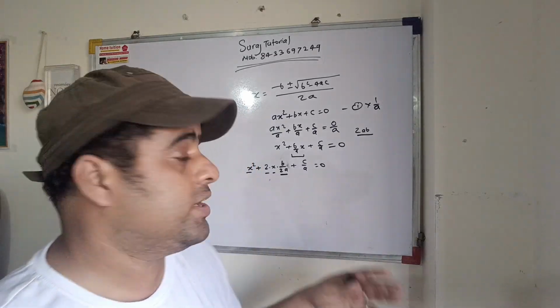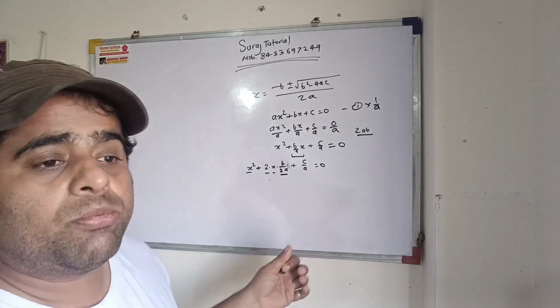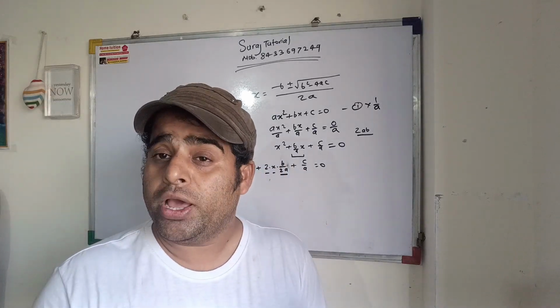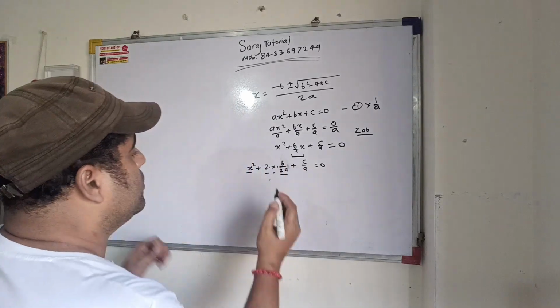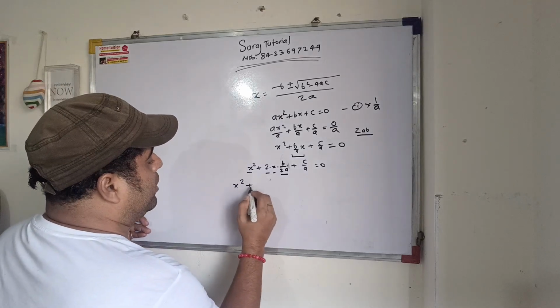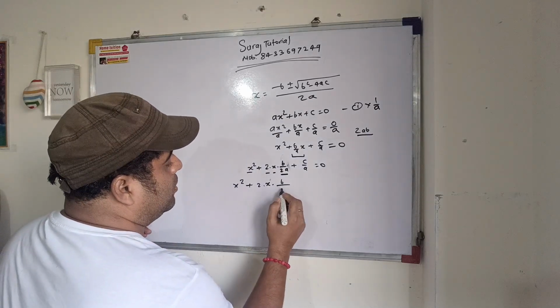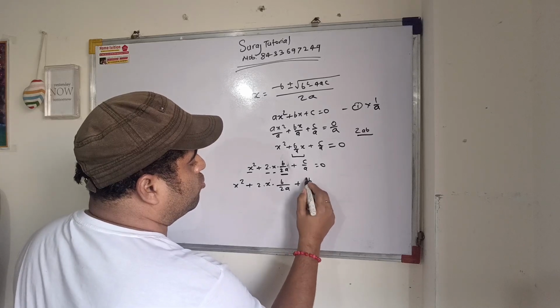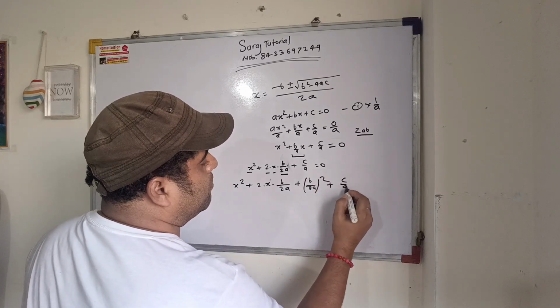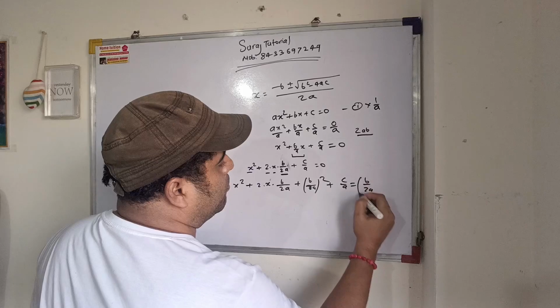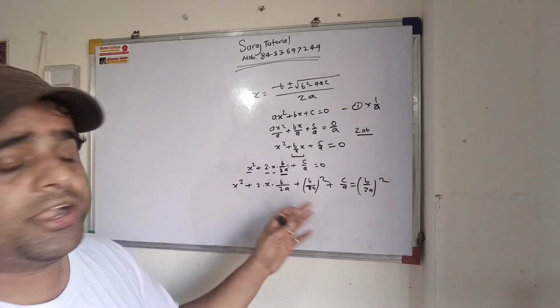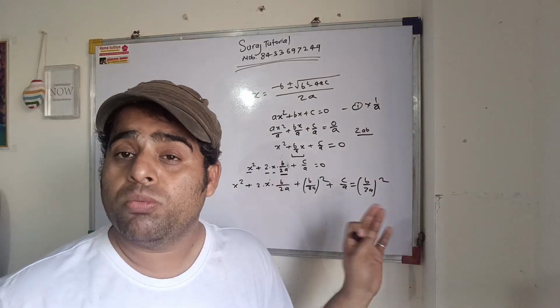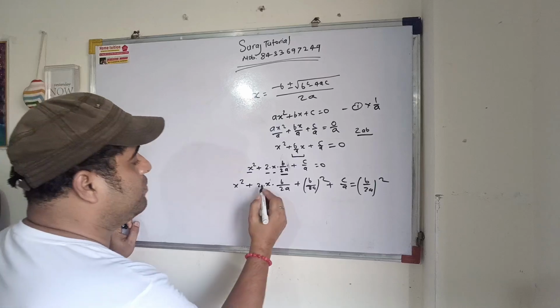So in place of b, that is b upon 2a, we have to add b upon 2a whole square on both sides. So you can write like this: x square plus 2 dot x dot b upon 2a plus b upon 2a whole square plus c upon a is equal to b upon 2a whole square. So I have added b upon 2a whole square on both sides.